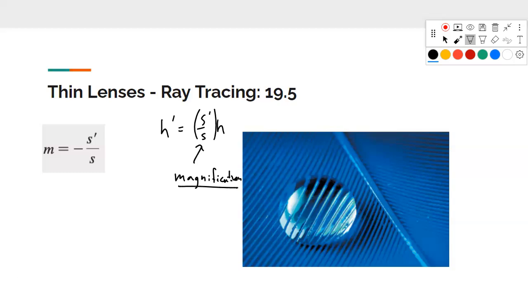And that's what this equation is on the left. The only weird thing about this equation is that it has a minus sign in it. This minus sign is just a way of telling you if the image is upside down or right side up. So if your magnification is negative, then that's telling you that your image is inverted.